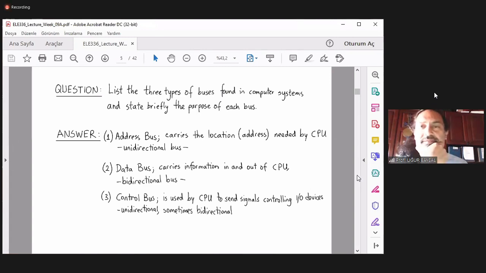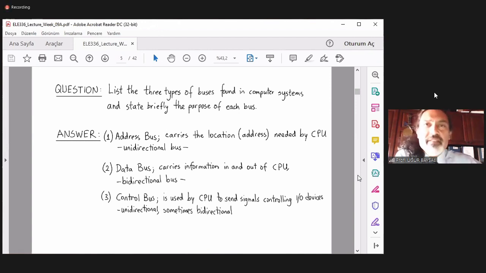For example, there are buses in the computer system. And up to now, we have been utilizing hexadecimal numbers and some commands related to transferring data in or out of the registers, okay?